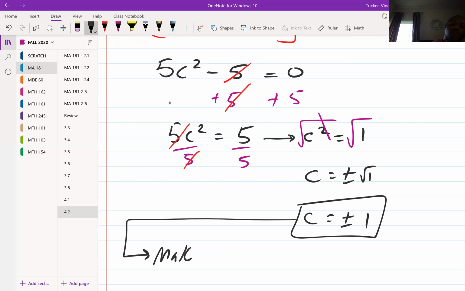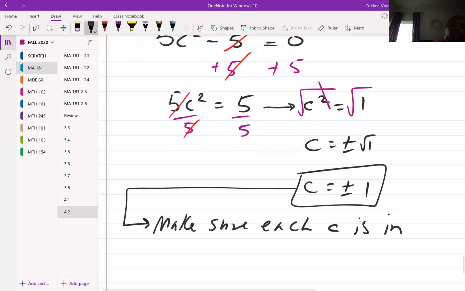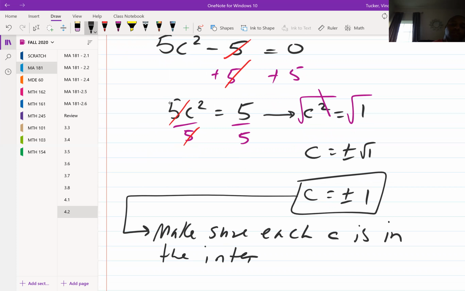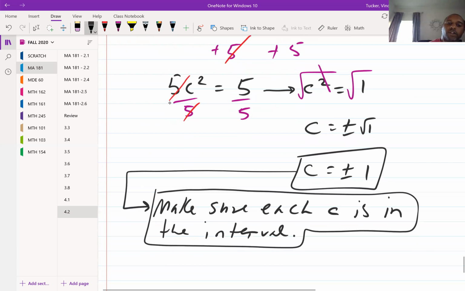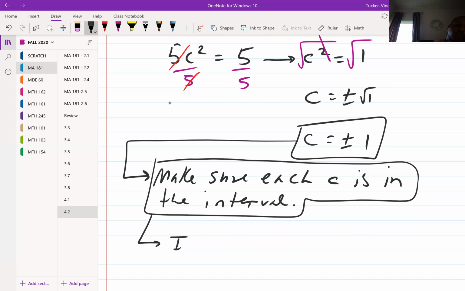Also, make sure each c is in the interval, because if they're not in the interval, then we can't use them. So our interval is 1/4 to 4. So we're going from 1/4 to 4.